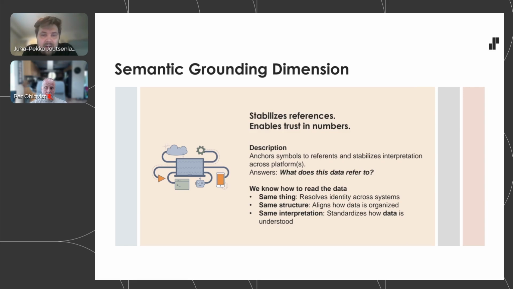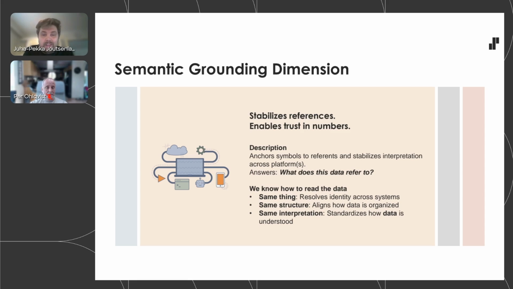And the second layer, I would call it the semantic grounding layer. And this is what I believe most people nowadays call a semantic layer. The purpose of this is to stabilize the way we are reading and understanding the data. So ensuring that we are talking about the same things.